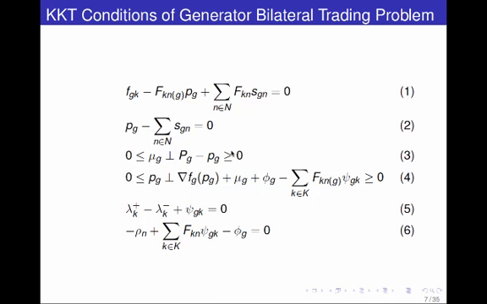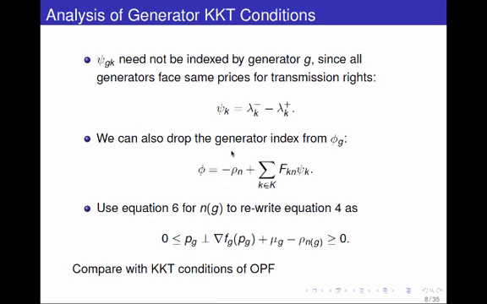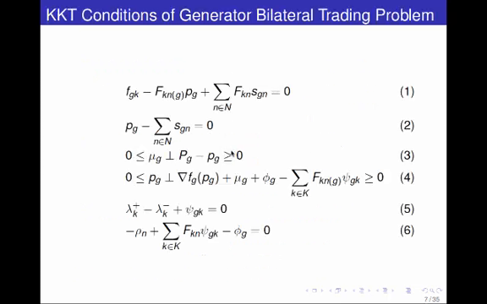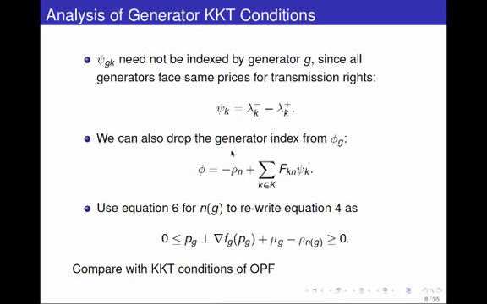Then you can also do a substitution using this equality in this constraint. That's all the tricks I'm doing here. The psi just becomes indexed by k, the phi uses its G index, and you do a substitution, and this becomes this.